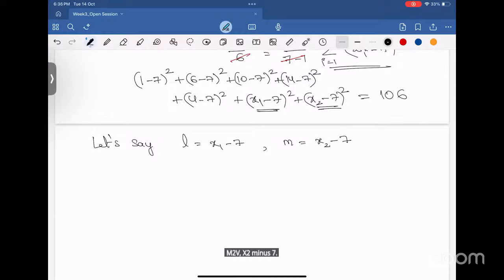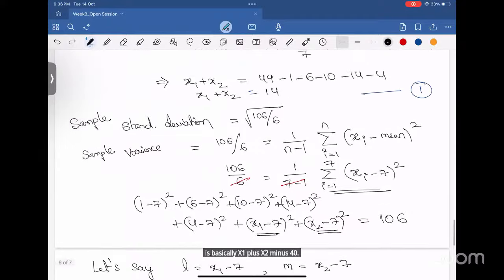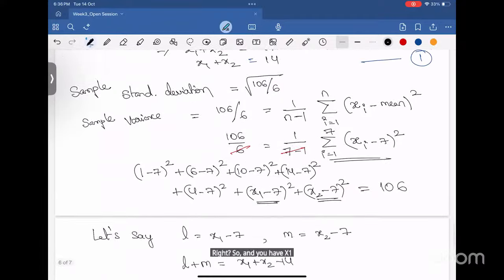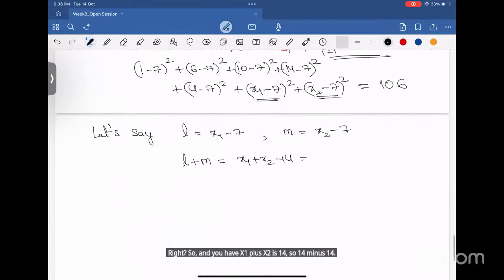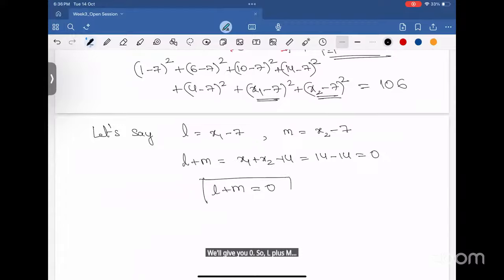Now you can clearly see that L plus M is basically x1 plus x2 minus 14. And you have x1 plus x2 as 14, so 14 minus 14 will give you 0. So L plus M is 0 is one equation.